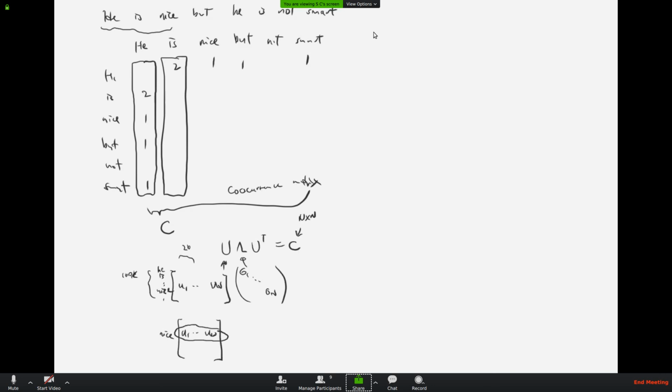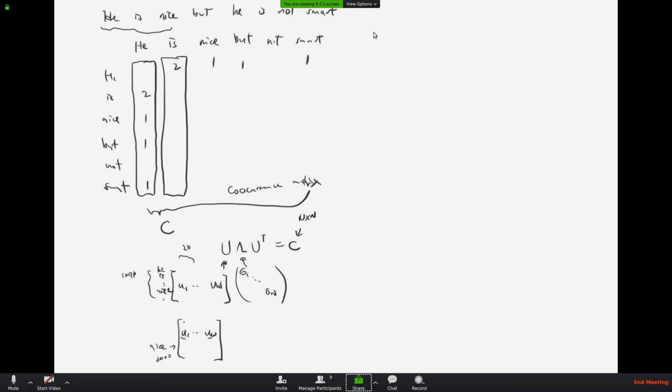You see my point? Maybe I should write it better. This is a vector, but I take the particular row. Let's say nice corresponds to row 2000.